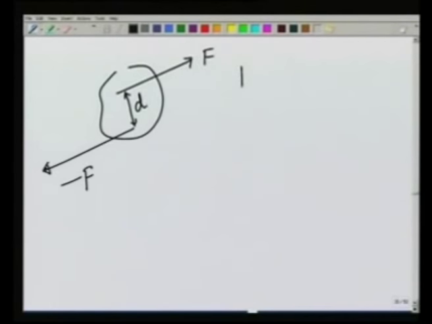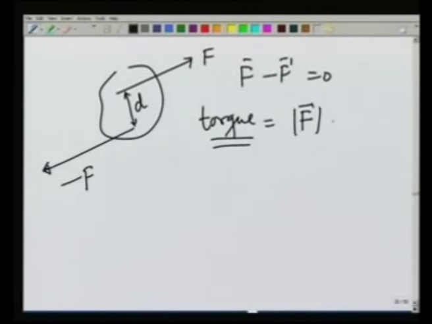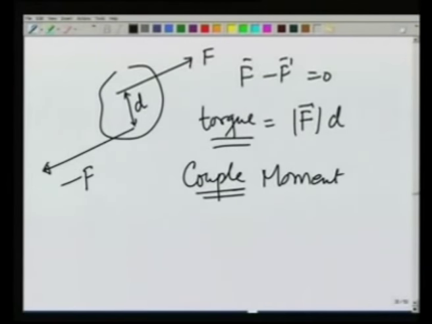Then net force F minus F is equal to 0, and the torque need not be 0 because the forces are displaced from each other. It is going to be magnitude of F times d, where d is the perpendicular distance between the two, and this is known as a couple or couple moment. It is indicated either by this symbol, where these two arrows show the forces applied, or a symbol like this. So, it is a pure moment without any force.